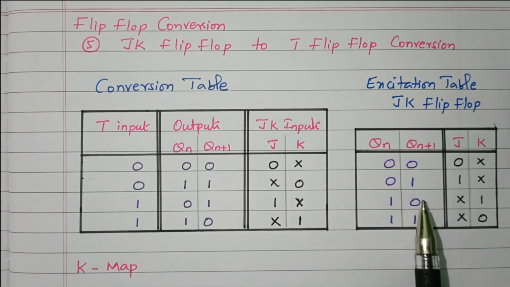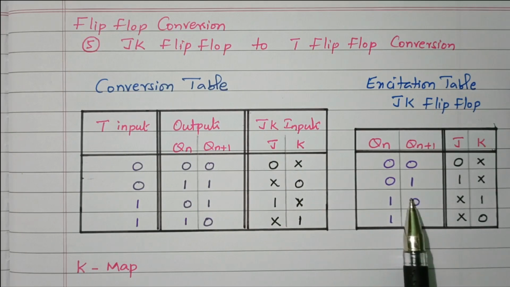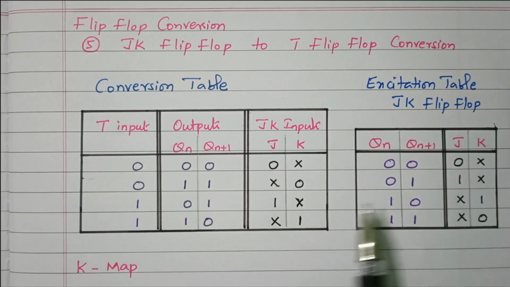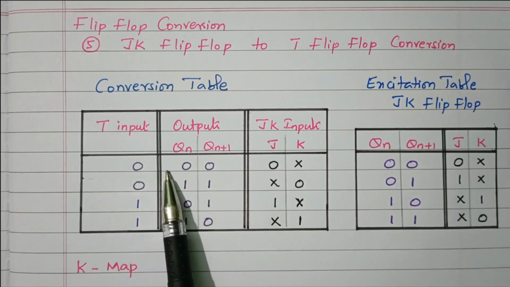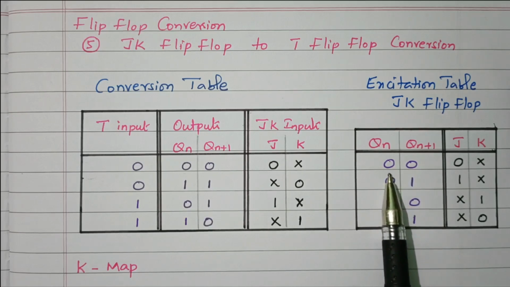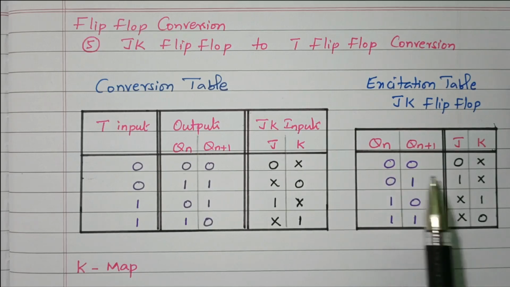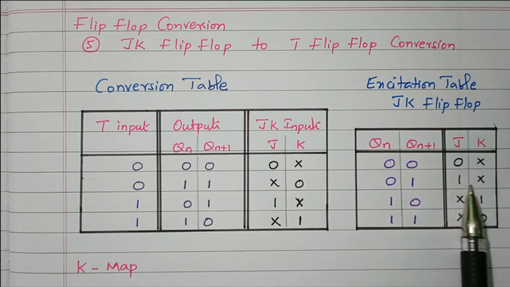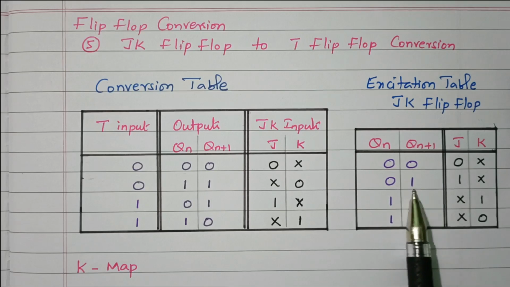That can be done by the excitation table of the JK flip-flop. What is an excitation table? From the output we decide the input. A truth table checks what the output is from the input. Here, for the output Qn plus 1, 0 0 means what input do we need to give, 0 1 means what input do we need to give. That is the excitation table.